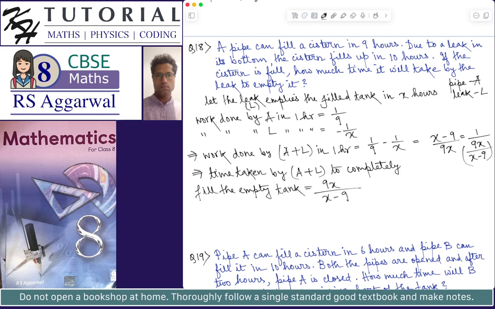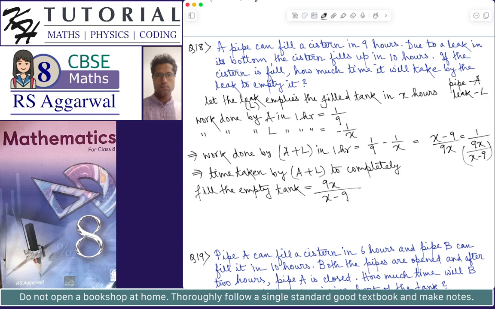Since we know that if work done in 1 hour is 1 by n, and assuming that n is positive, then in n hours the whole tank will be filled up.